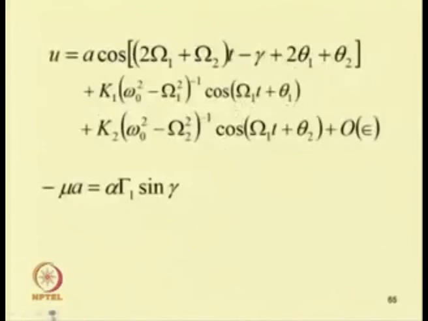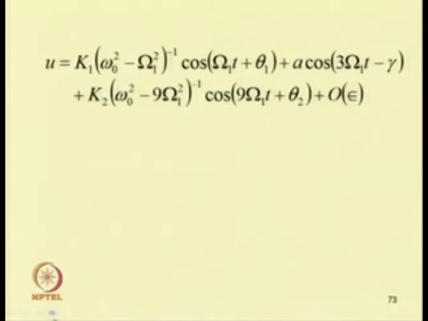For example, in case of a 2 degree of freedom system, as we have 2 equations, we can expand x1 and x2. In our case, the example we have taken, x1 can be written as x10 plus epsilon x11 plus epsilon square x12 plus higher order terms.